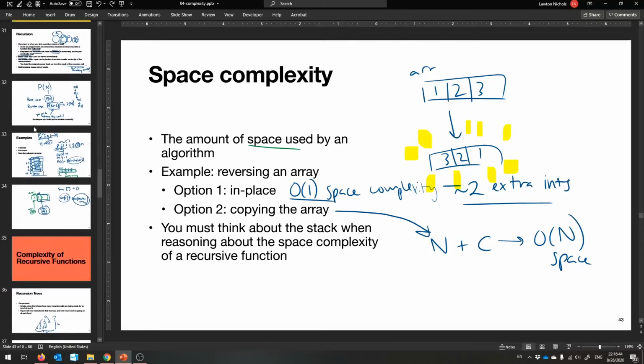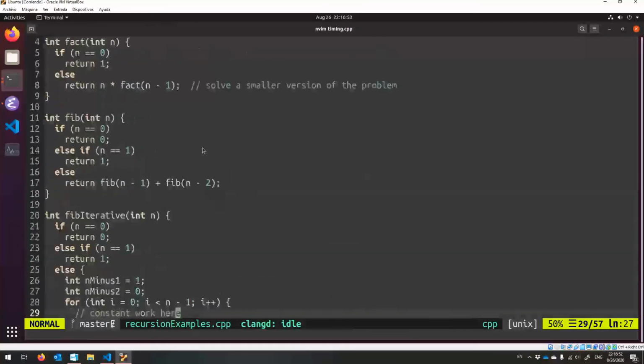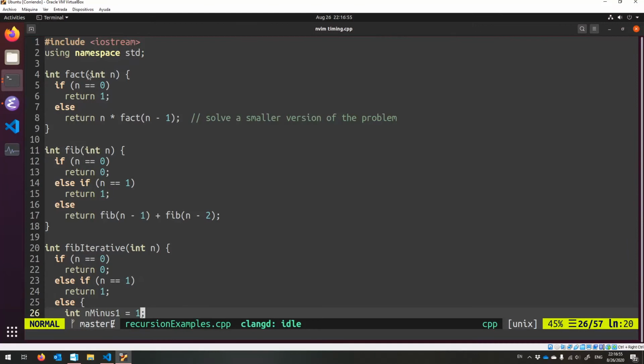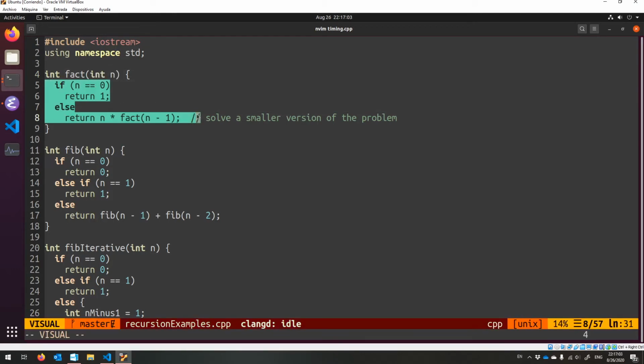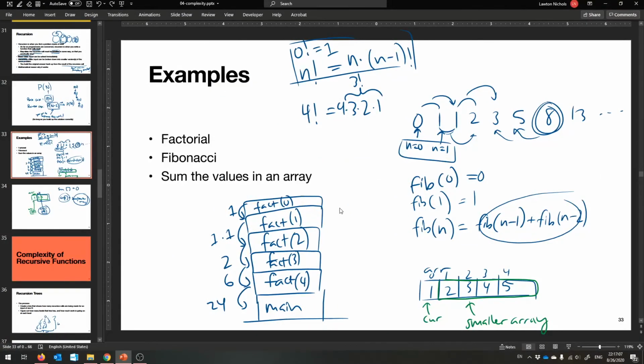If we go back to the factorial example, inside of the function itself it's only storing n, and maybe the result of a multiplication. So it only has 1 variable inside of it, so it's constant space inside of this function. But how many functions are being called at once? At most n.